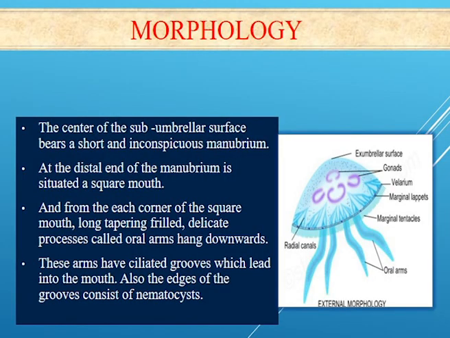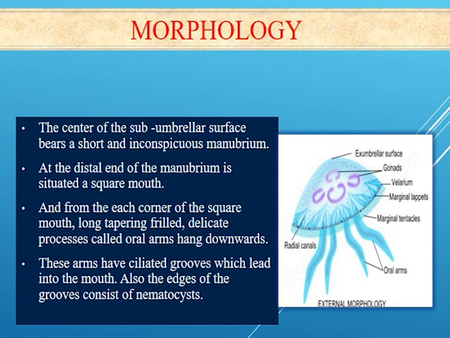Coming to the morphology, it looks very beautiful, having an umbrella-shaped structure, and the center of the subumbrellar surface bears a short and conspicuous manubrium. At the distal end of the manubrium is situated a square mouth, and from each corner of the square mouth long, tapering, frilled, delicate processes called oral arms hang downwards.